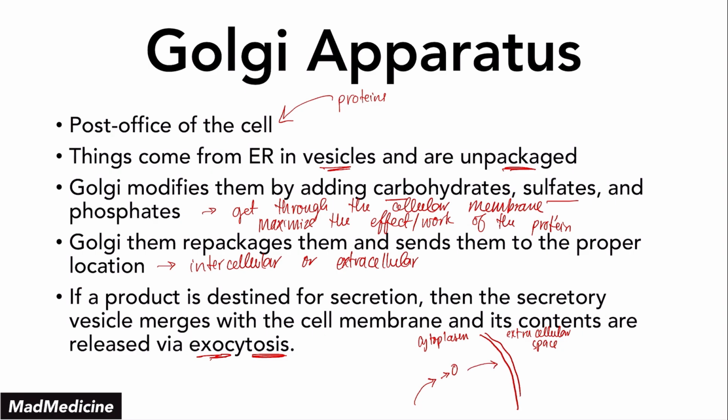This vesicle will go to the cell wall right here, and then it will combine with the cell wall like this. Okay, I'm gonna color this red. It will combine with the cell wall, and it will essentially cause a hole in the cell wall, which will release the components it needs to release outside via exocytosis.